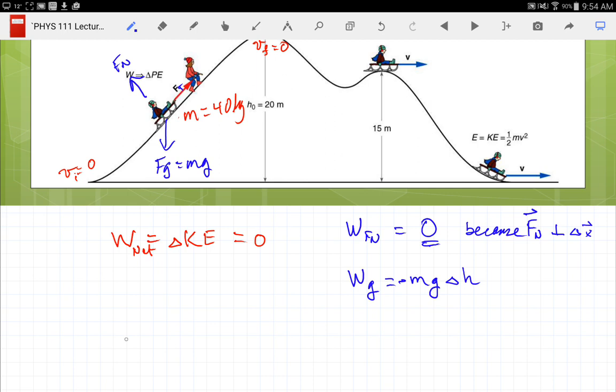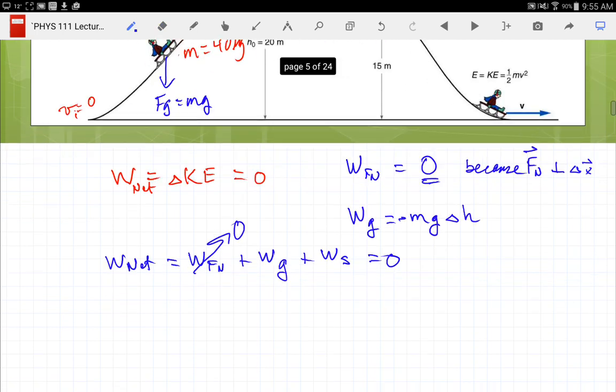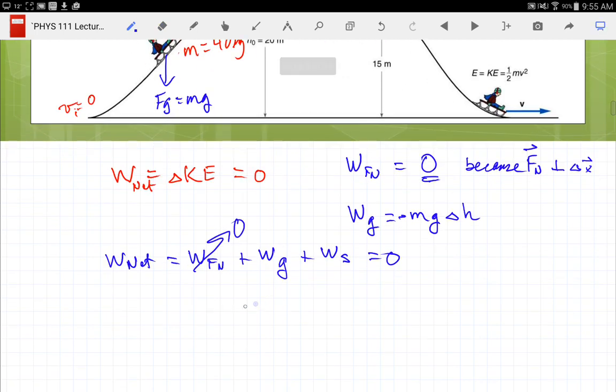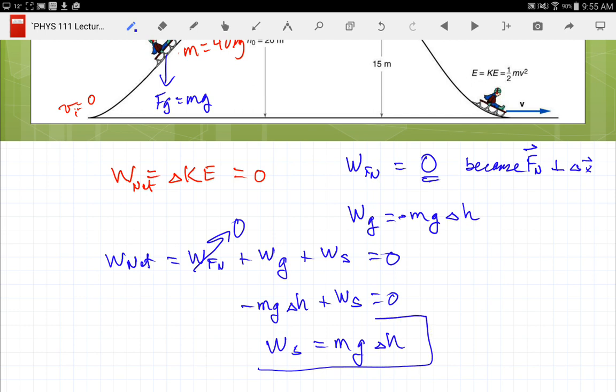And so now we can take this and say, okay, my work net is equal to the work done by the force normal plus the work done by gravity plus the work done by the sister, and that's equal to 0. And so work done by force normal was already 0. So I can put minus mg delta h plus work done by sister equals 0, or the work done by sister is equal to mg delta h.